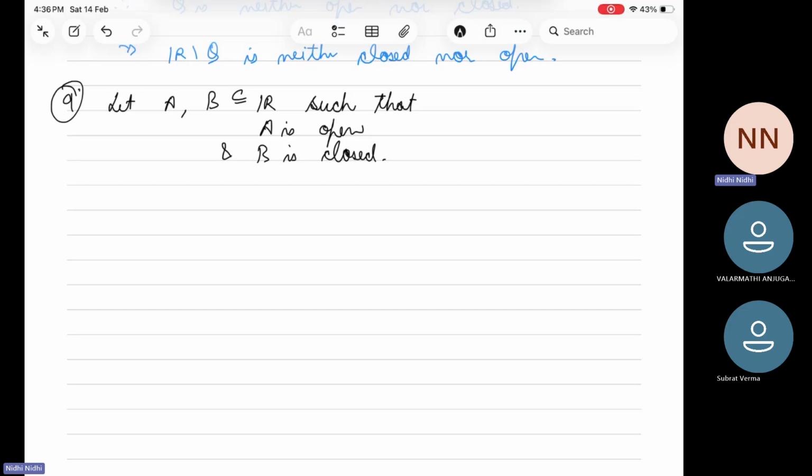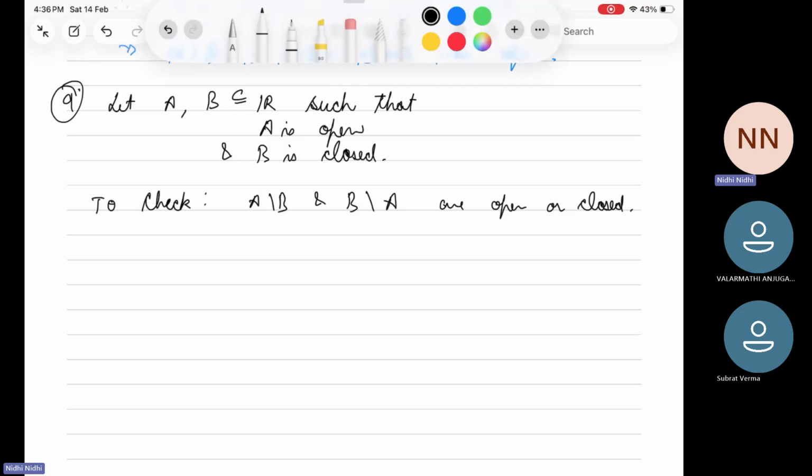Then we have some options which basically ask us to check whether A minus B and B minus A are open or closed. So basically we need to analyze these sets A minus B and B minus A.